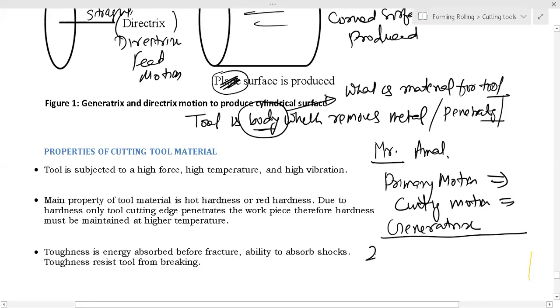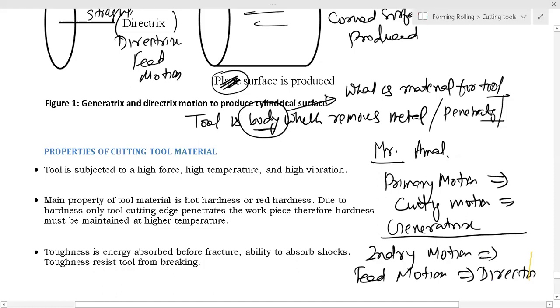And the second motion, the secondary motion, we call feed motion, or directrix motion. So directrix and generatrix are basically lines or curves.